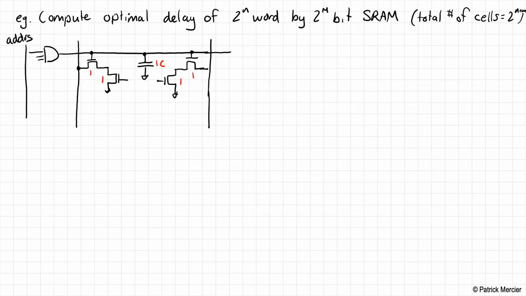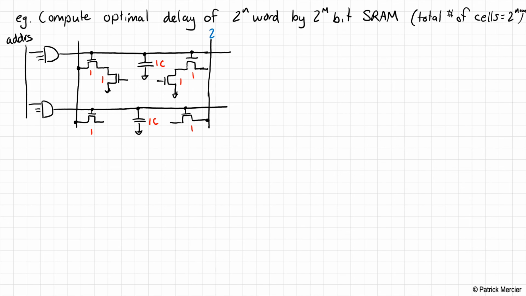Now this is for the cell that we are activating. There will also be cells that we are not activating, right? And a cell that we're not activating is going to have the access transistors attached, but the circuits, the NMOS and the PMOS and so on, are not participating in any pull down or pull up activities here. So we say these are of size 1, this is 1C, and so on. Okay, so this is our rough diagram of our circuit.